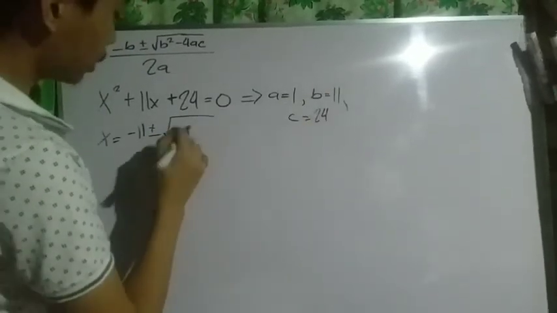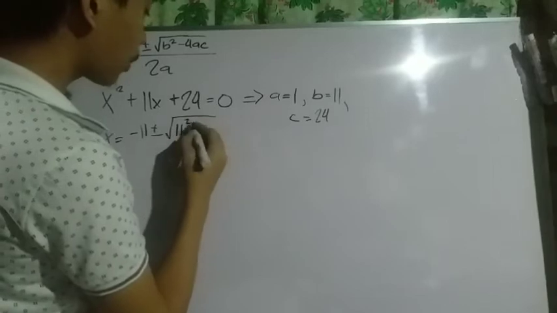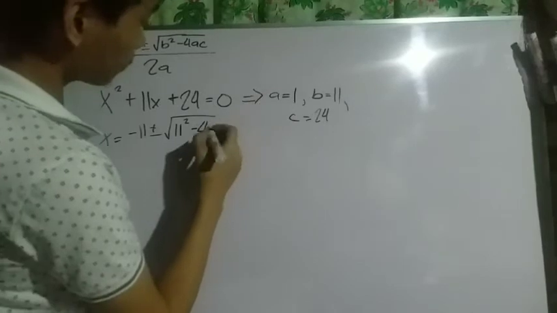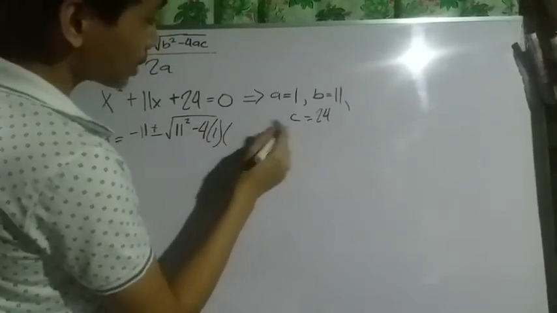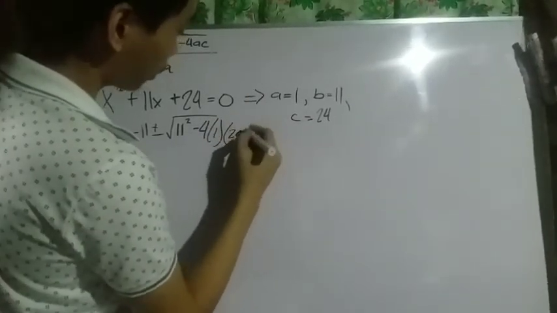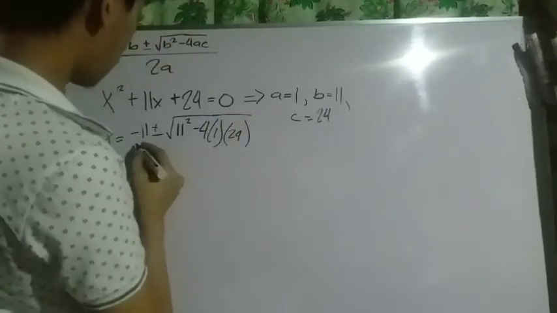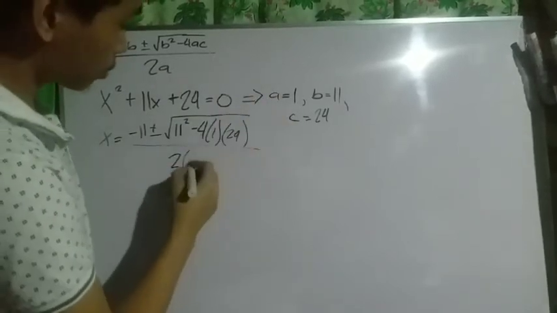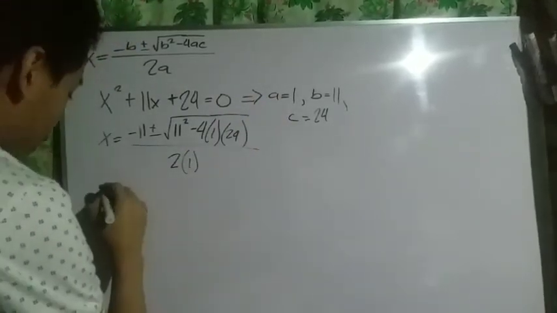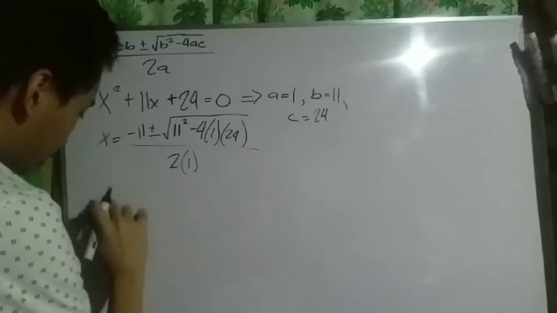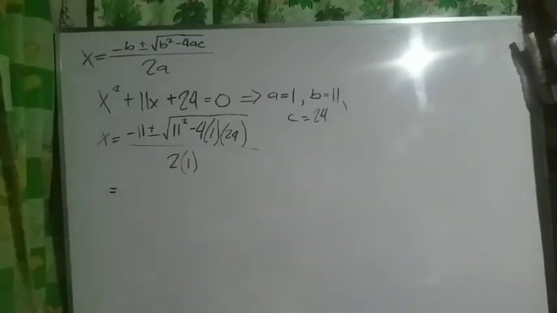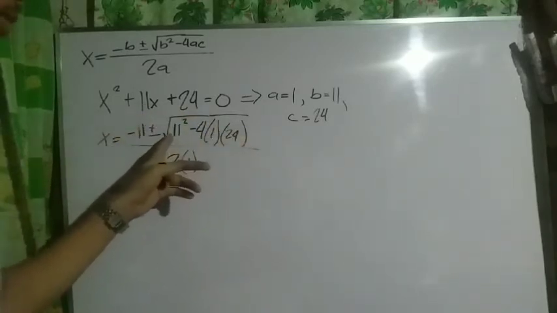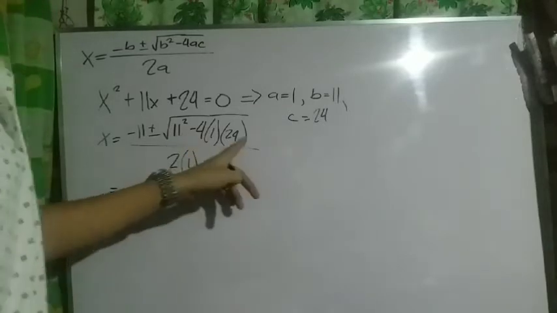So you will square it. 11 squared minus 4a, which is 1, c, which is 24, over 2a, so a is 1. Next, you will simplify inside the square root.